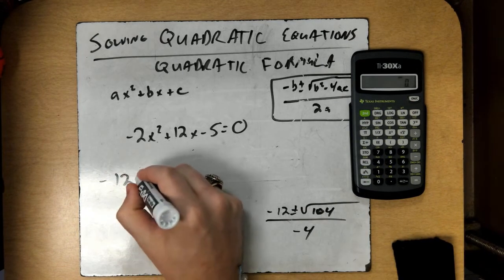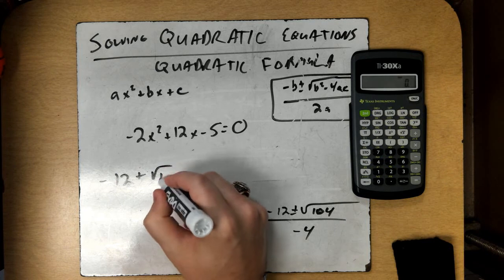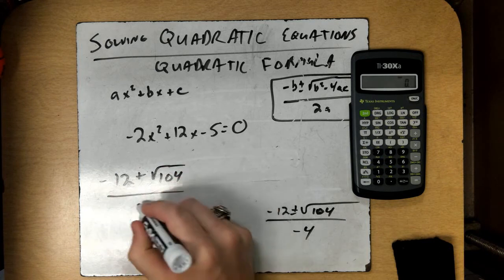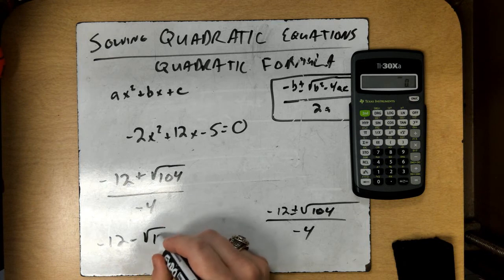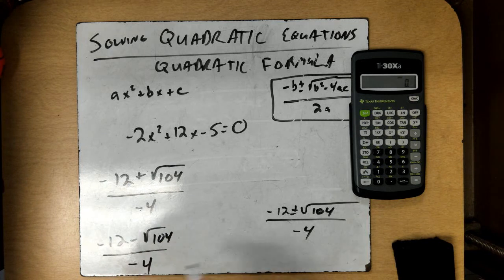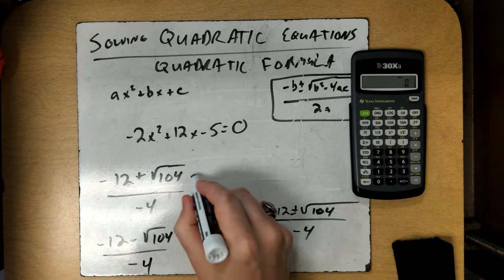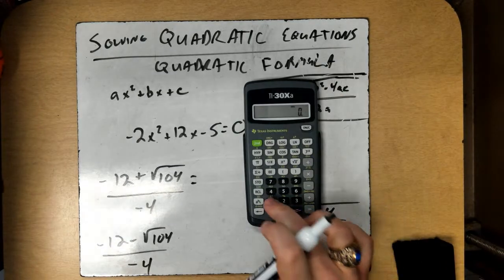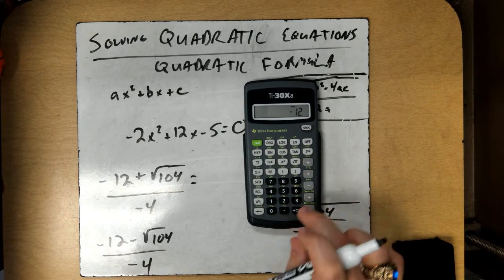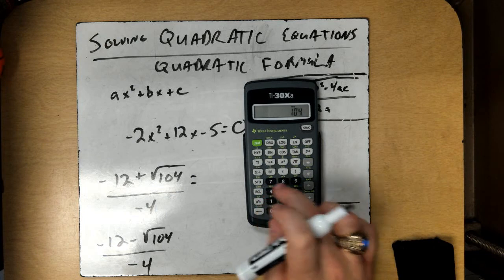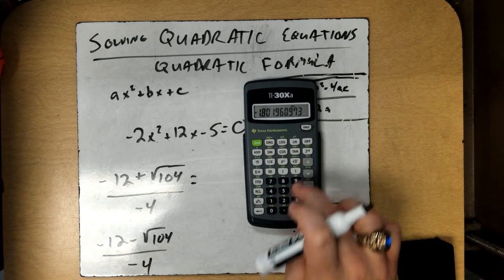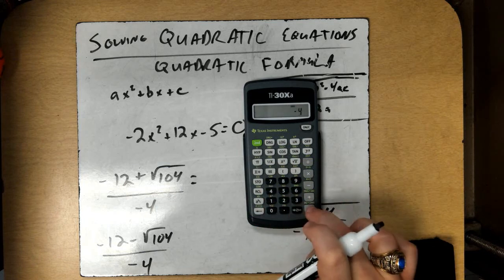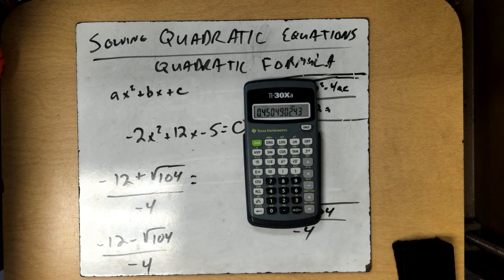So negative 12 plus the square root of 104 over negative 4, and negative 12 minus the square root of 104 over negative 4. So negative 12 plus the square root of 104 equals, and then divide that by negative 4, that equals 0.45.